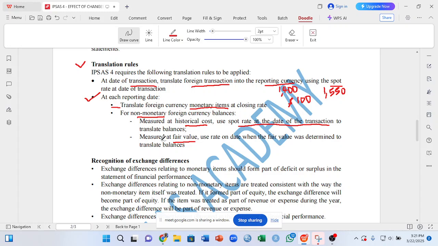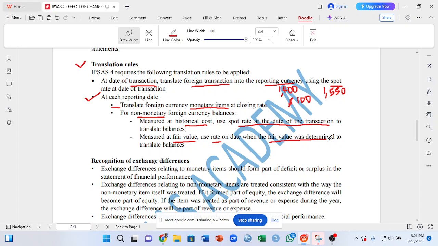So if it's measured at fair value, then bear in mind that you are going to use the rate prevailing at the date when the fair value was determined. So that's the only difference you need to know.